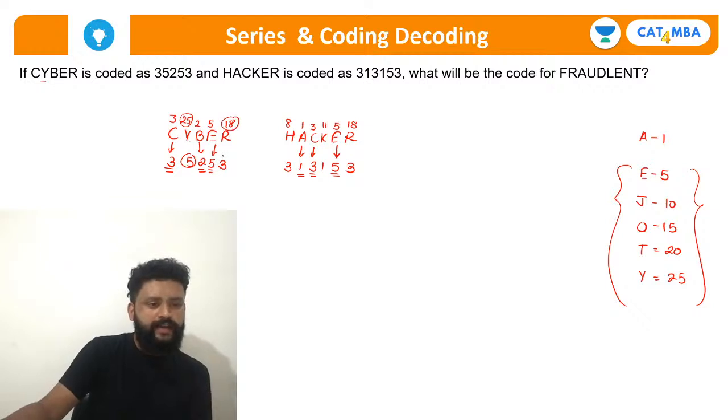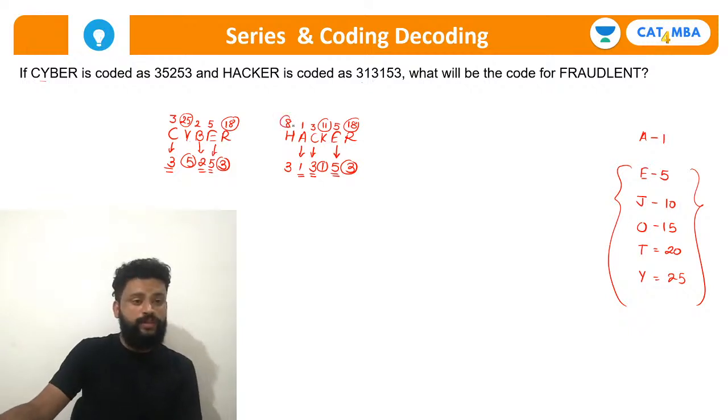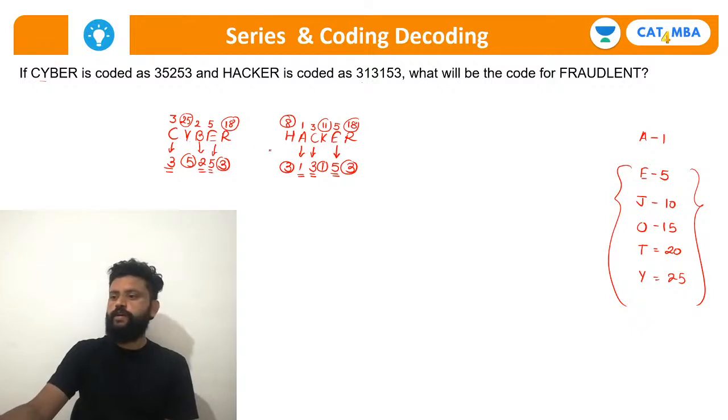And 18 is coded as 3, then 11 is coded as 1, and 5 is again coded as 5, and one more thing, 8 is coded as 3. How to do this? These are the key points to understand. Any answer, Nicole?